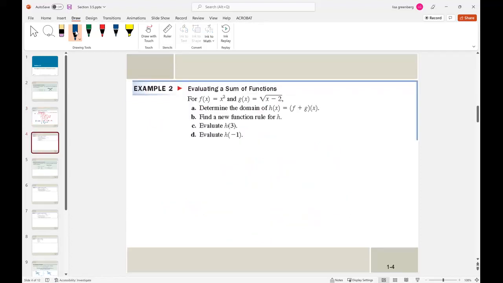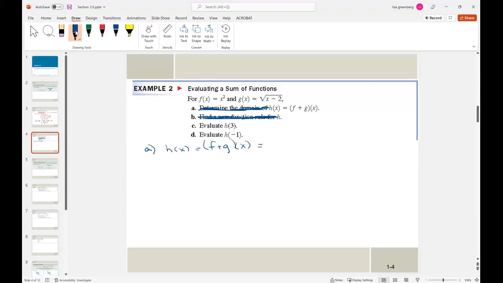Okay, so let's just do it again. Again, we're not going to do the domain, but we are going to do everything else. So h of x is equal to f plus g of x, which is the same as, that's what B's really actually asking. This PowerPoint I had to grab from somewhere else because the PowerPoint from Pearson is incorrect.